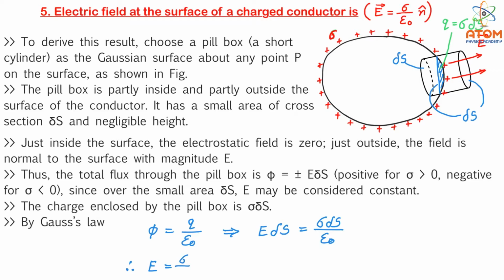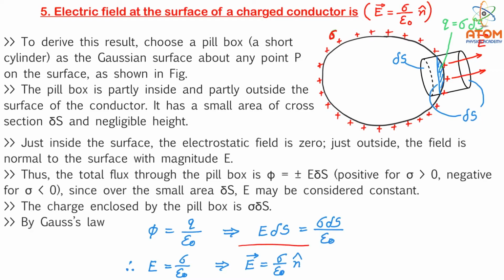sigma upon epsilon 0. In vector form, we can write it as vector E is equal to sigma upon epsilon 0 n caret, where n caret is the unit vector in the direction of the electric field.